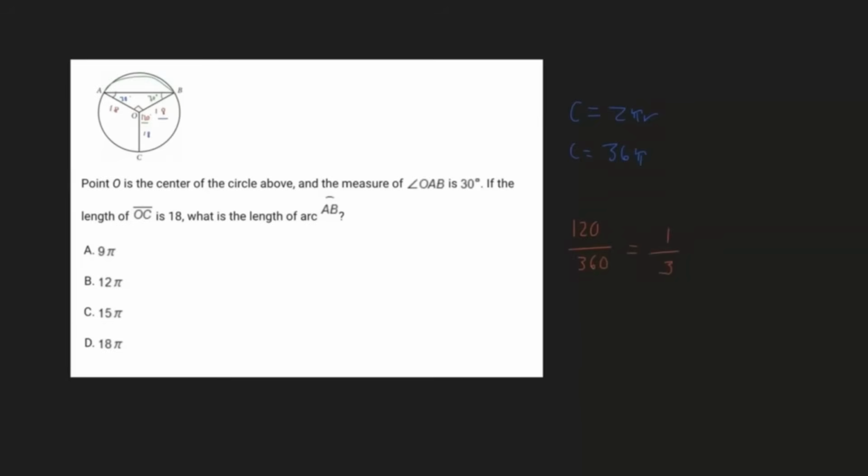We know the circumference is 36 pi, so let's just divide this by 3, because this angle represents 1/3 of it. 36 over 3 is 12, and we keep the pi so we don't have to simplify it completely. And so our final answer here is 12 pi, which does match up with answer choice B, and therefore that is our answer.